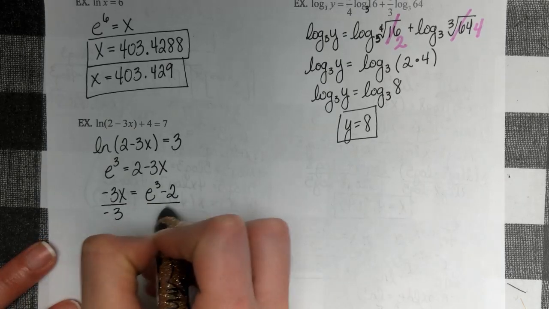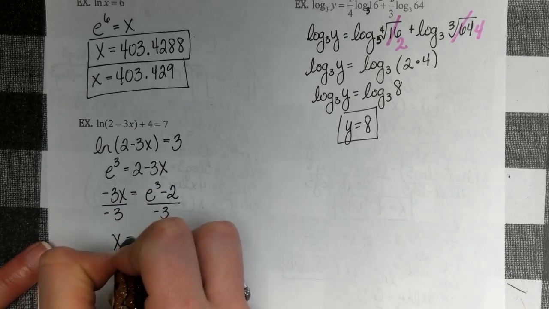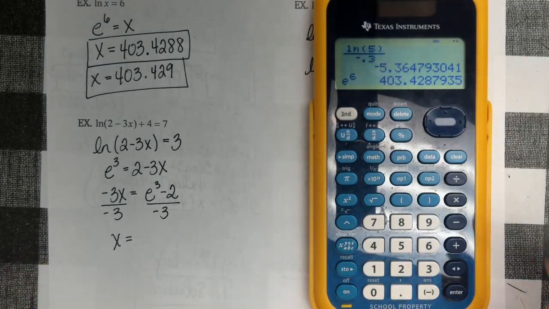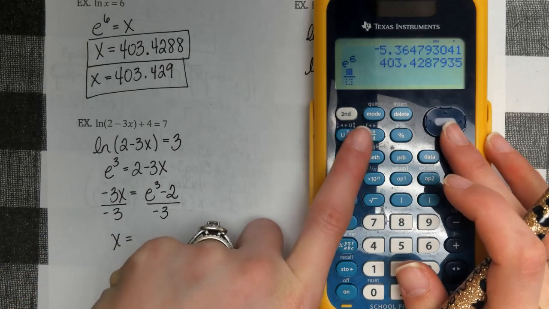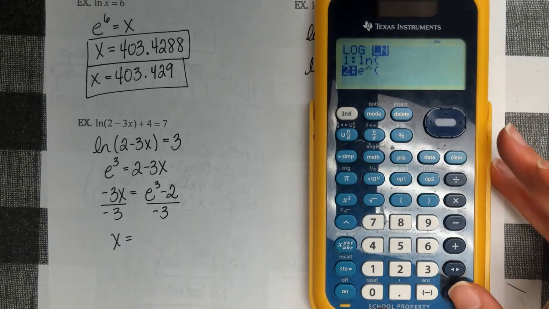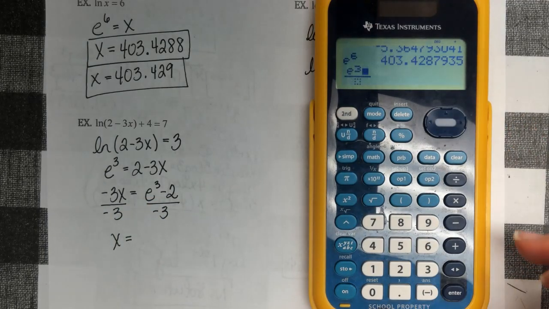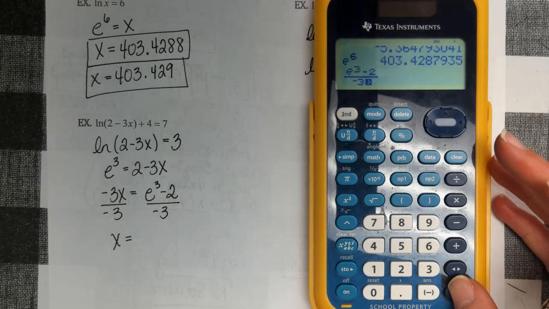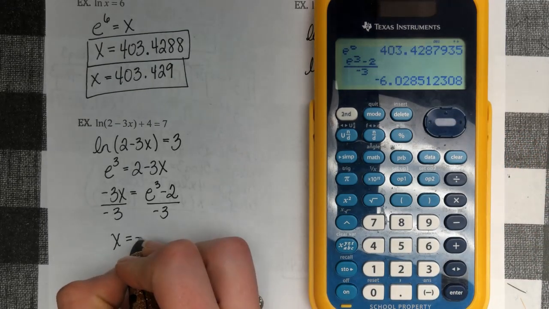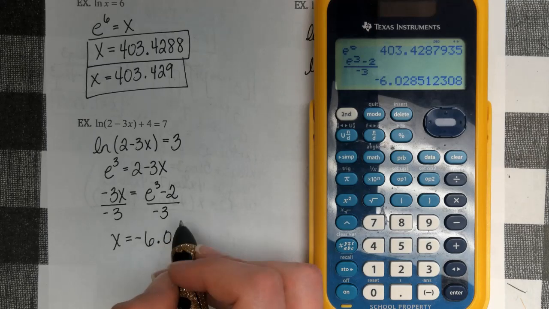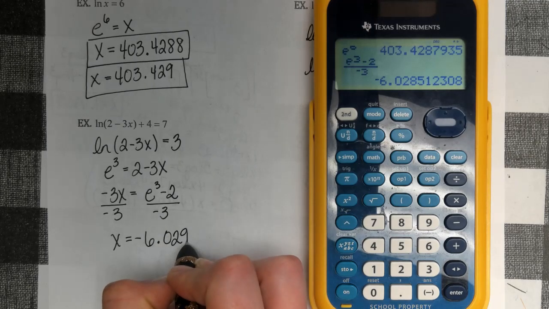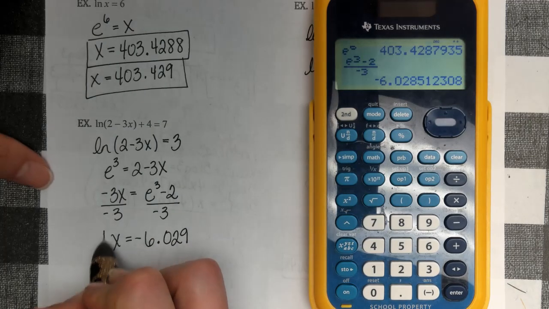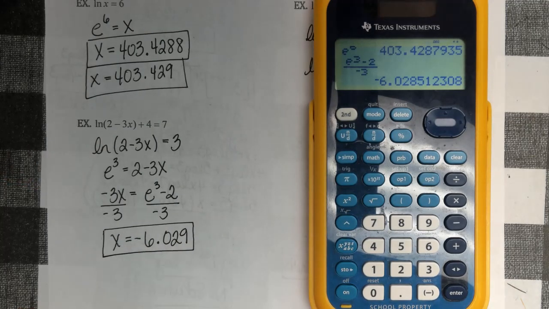Divide by negative 3. So I've got e to the third minus 2 over negative 3. Be sure to round to 3 decimal places.